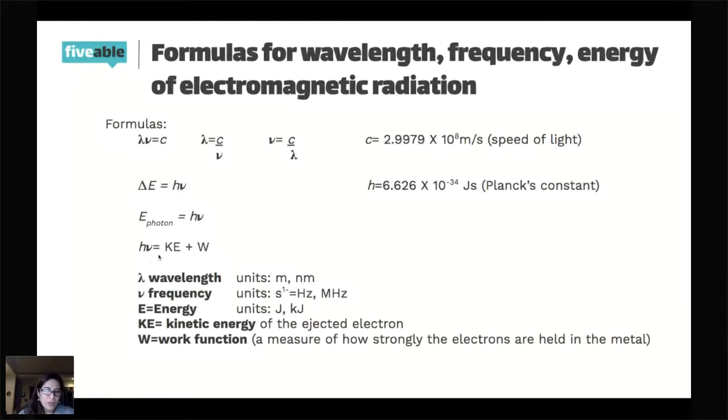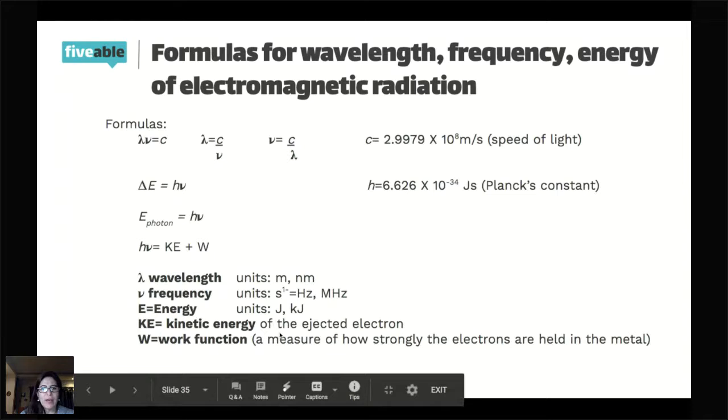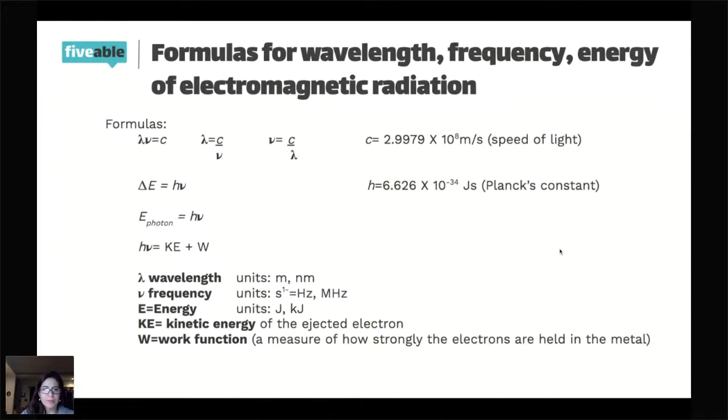And we can also use it to calculate the kinetic energy of the ejected electrons and the work function. Work function is a measure of how strongly the electrons are held in metals. Okay, so let's try some problems with these new equations.